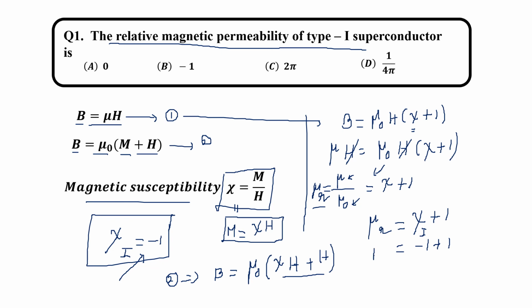That would be equal to the relative magnetic permeability, so the relative magnetic permeability would be +1 -1, which is equal to 0. Hence the relative permeability of the type 1 superconductor is 0. The option would be the first one, A. The answer is 0. This is the right option.